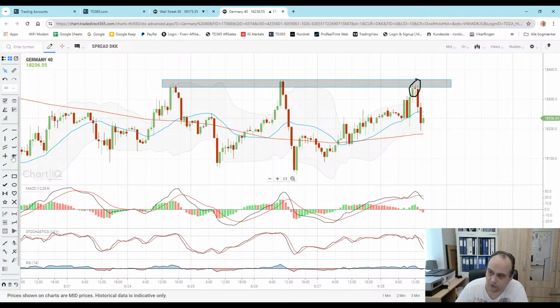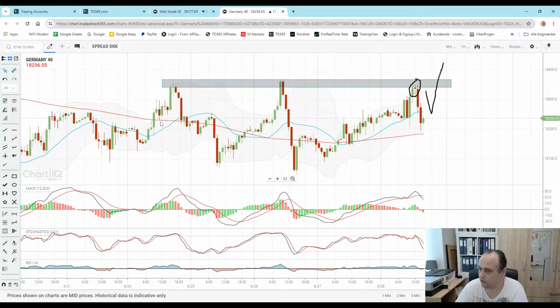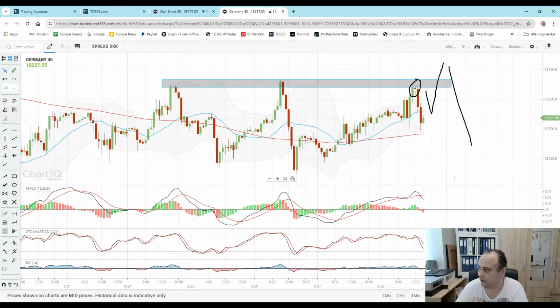I've seen this so many times: price goes down and then boom, it shoots up through resistance, takes out the resistance area, takes out all the stops, and then goes back to this area. So in this case, the only thing I could do was to trail my order and wait for the signal to get out of the trade. But nevertheless, I got 71 points in the DAX, which is more than fine. So I'm happy about that.